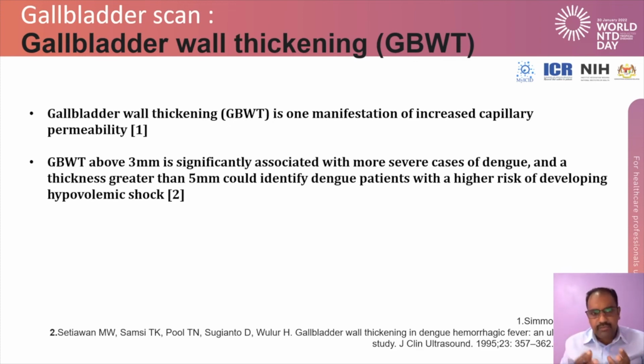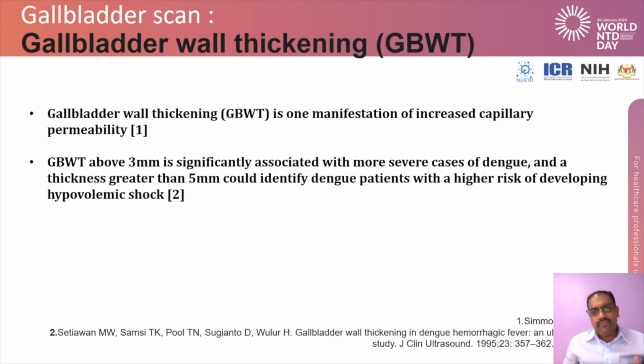Whenever we scan, if the wall is more than 3 mm, it shows that patients are already in possible severe dengue, and patients are leaking. And when we see a higher thickness like 5 mm, it is highly significant for the patient to go into hypovolemic shock.